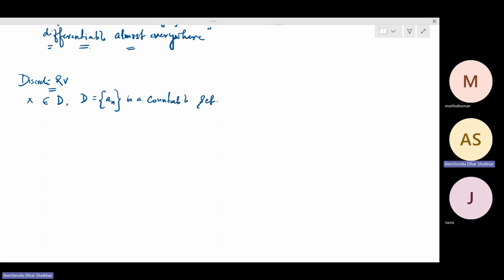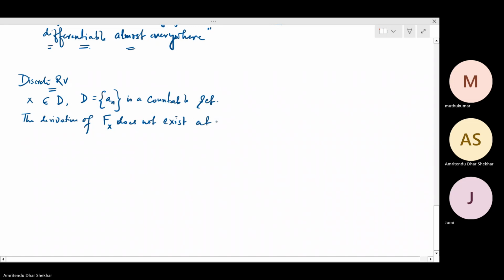The derivative of f of x does not exist at possibly the points of D.